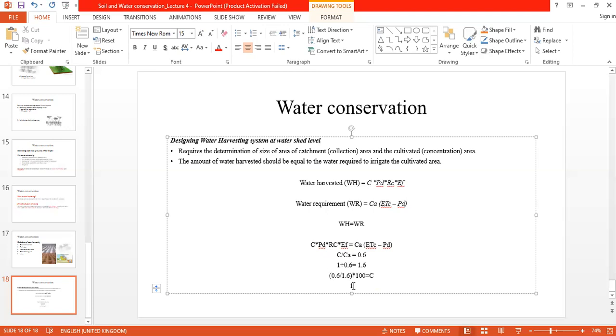Then for the other one, it will be 1 divided by 1.6. So we have got 37.5, times 100. So this would be your CA.